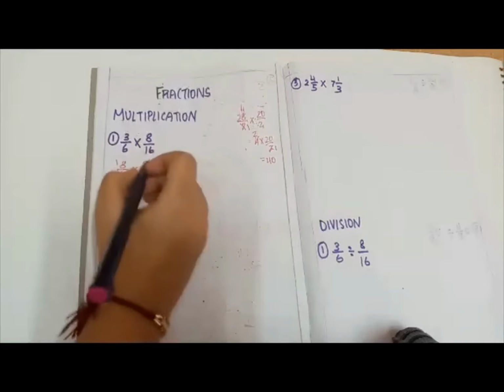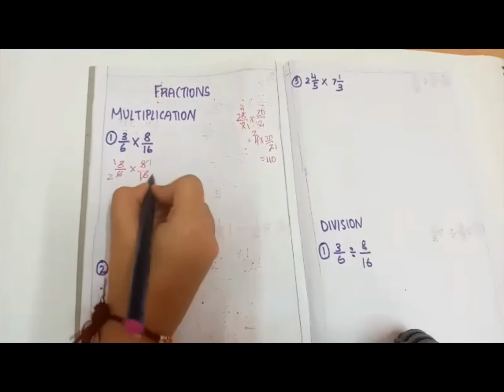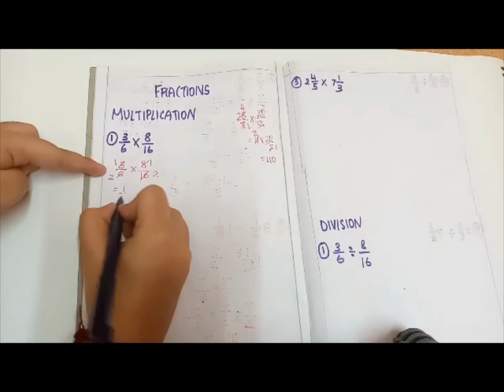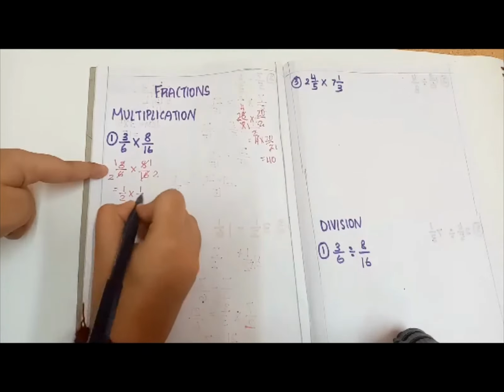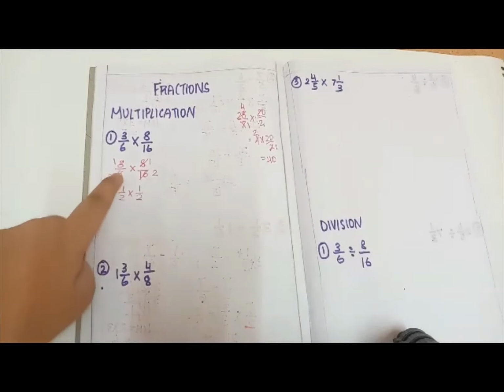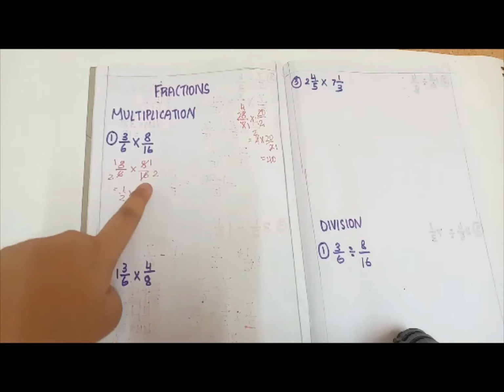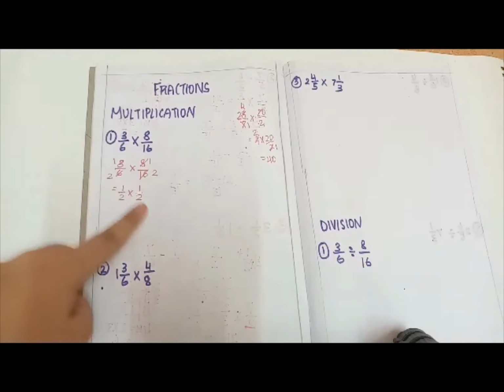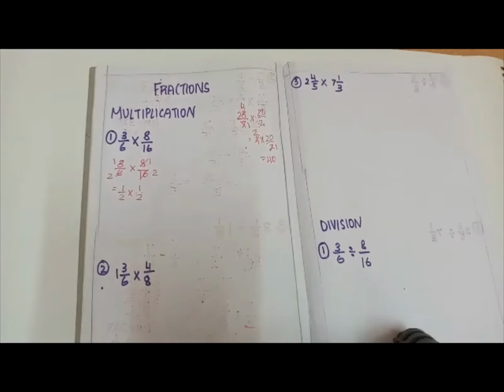Yes, both go. 8 ones are 8, 8 twos are 16. Now the leftover is 1 by 2 into 1 by 2. Can we cut anything? 1 and 2 we cannot cut. Diagonally, 2 and 1 we cannot cut either. So first we reduce to the lowest terms.